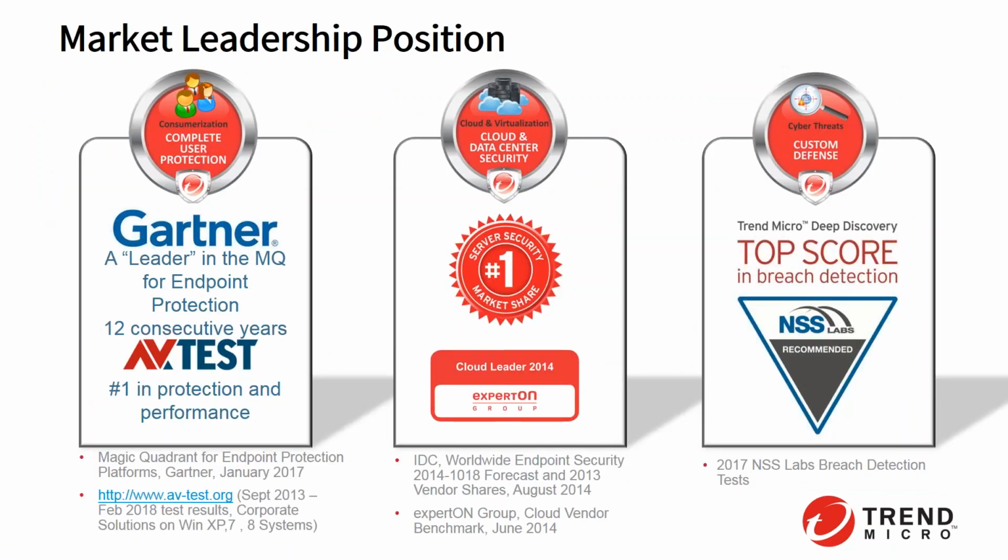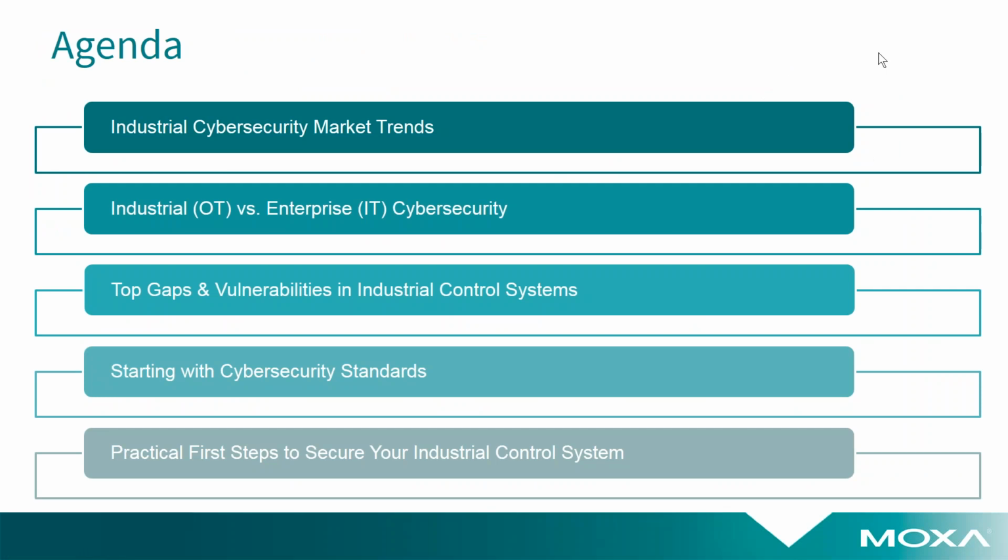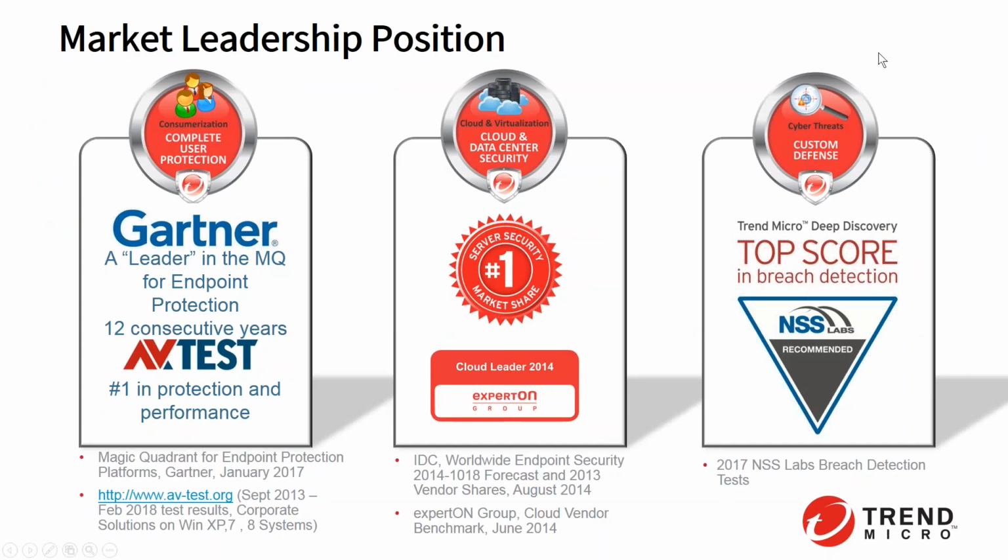Yeah, and also from a market leadership position perspective, right? Trend Micro actually has been recognized by Gartner, Forrester as a leader in terms of endpoint security. And our solution has been proven and tested by many third-party organizations like avtest.org, being one of the best cybersecurity for protection on the endpoint. We also are the market leader in terms of cloud security, right?